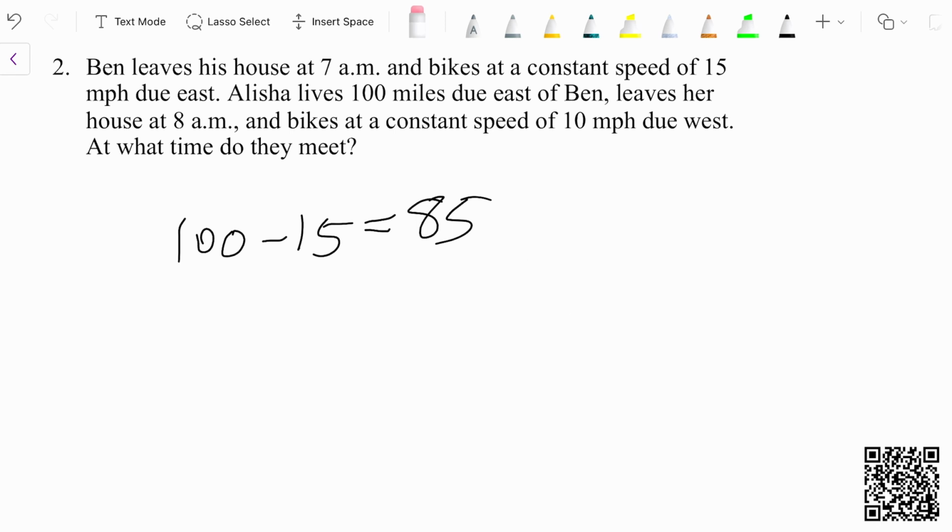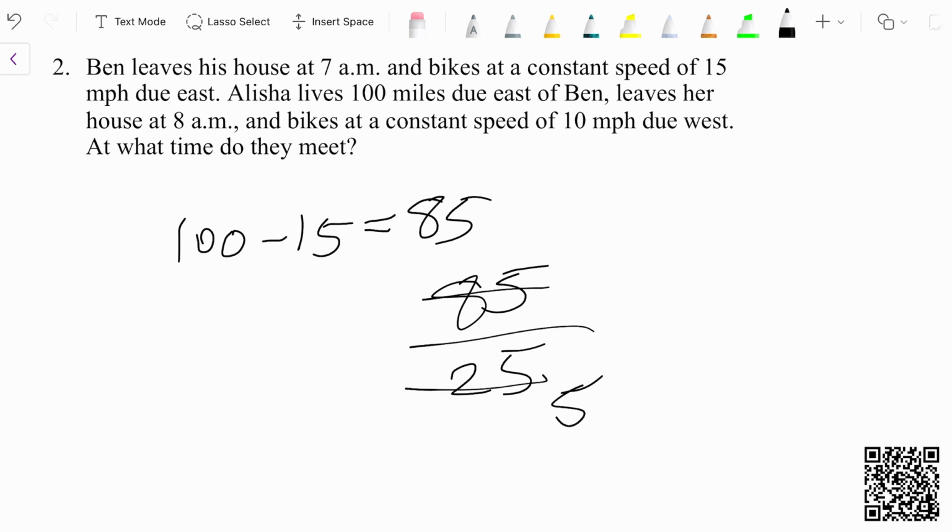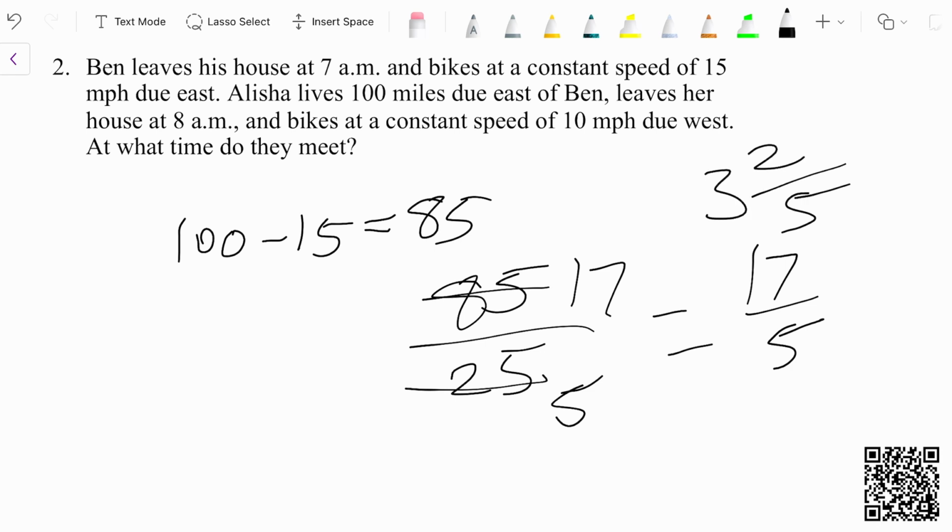So since we only have 85 miles left, and they are traveling at a speed together of 25 miles per hour, if we simplify, 17 over 5, then we simplify one more time, 3 and 2/5. However, we can't leave it in this form, so the yellow is sort of like the unsolved form. We can't leave it in this form because it's asking us what time they met and not how long it took them to meet.